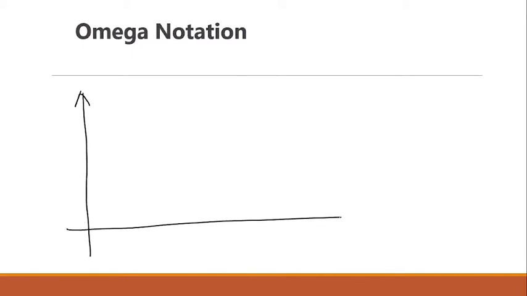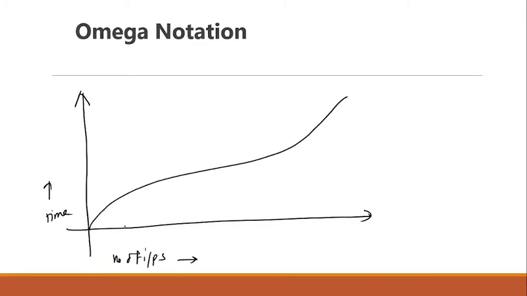Let us have a corresponding graph for the omega notation. We had done that in big O also. So this axis will be the number of inputs and this will be time. I'll have two curves, let us say this is one and this is the other.